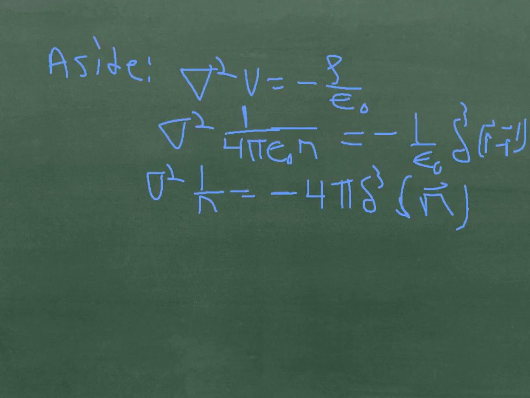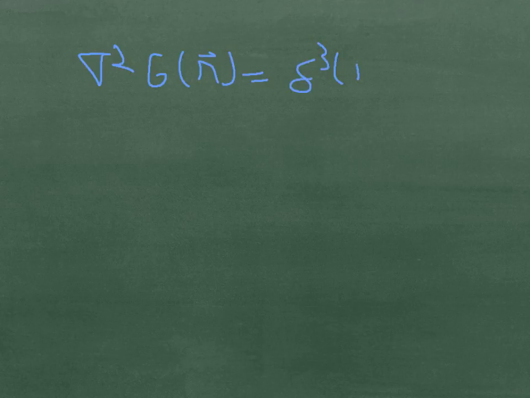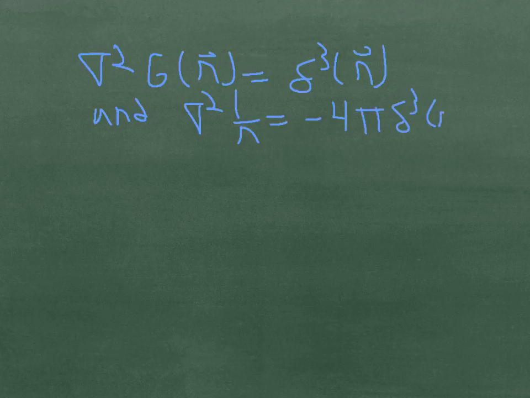Anyways, let's rewrite this here. We have del squared G, using the shorthand of script r, is equal to delta cubed of script r, and del squared of 1 on script r is equal to minus 4 pi delta cubed of script r.